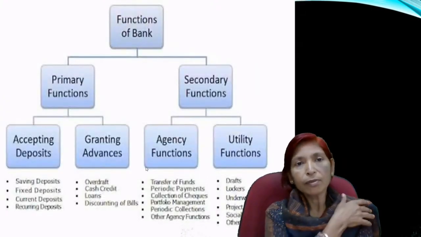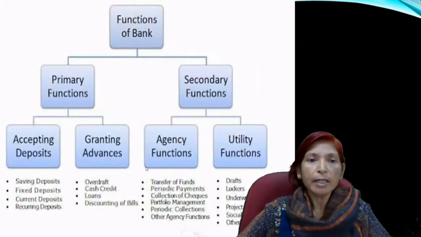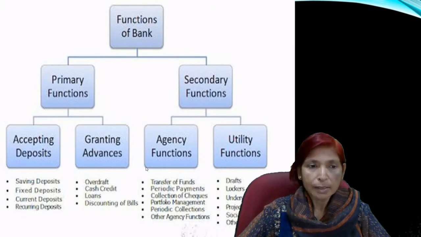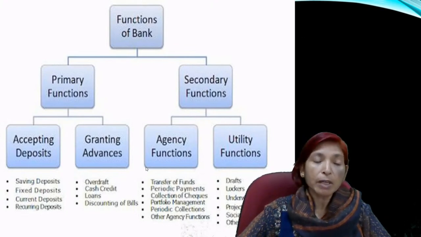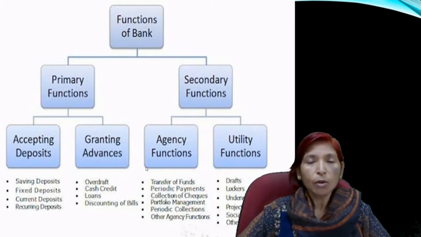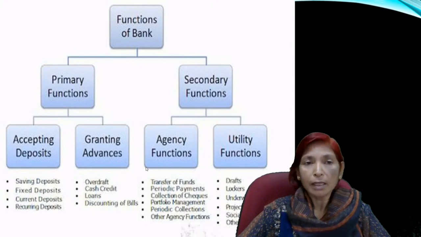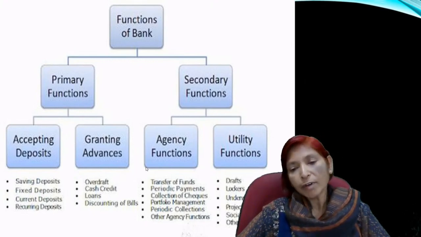Now, functions of banks can be classified into two main parts. One is primary functions, the other is secondary functions. In primary functions, the main functions of the bank are accepting deposits and providing loans and advance facilities. Bank can work as an agent and also perform utility functions.